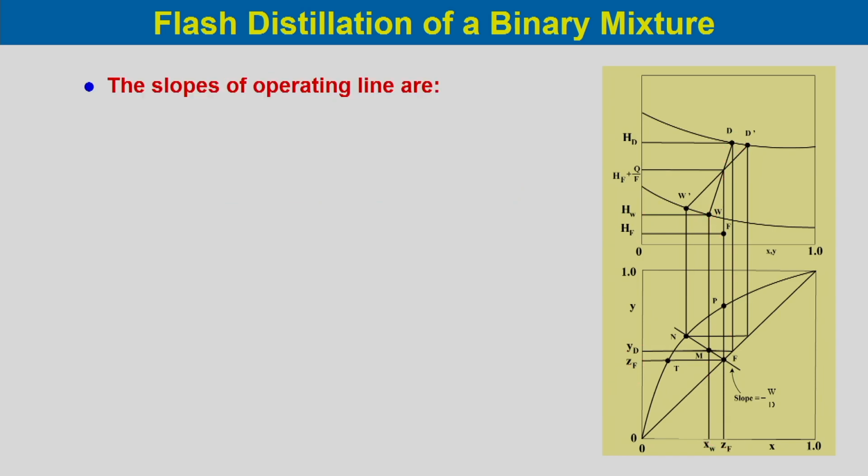Now, the slope of the operating line is minus W by D, which is shown over here, and the other slope for this line is YD minus ZF divided by XW minus ZF, which will be negative again, because ZF is more than XW.